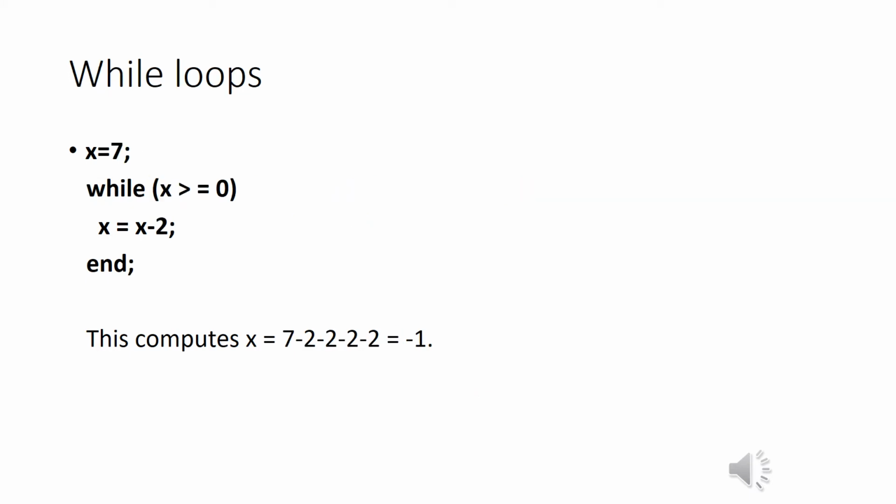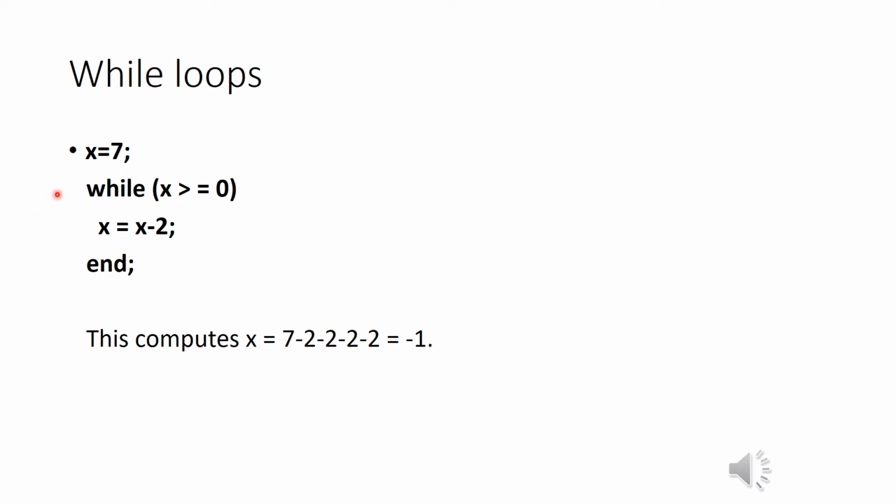Okay, here is another example of while loop. First, the variable is initialized with the value 7, and then here is the while loop. While, and then the condition is x is greater than or equal to 0. So the loop will move until this condition is satisfied, and the computation of x is x minus 2, and then this while loop ends here.